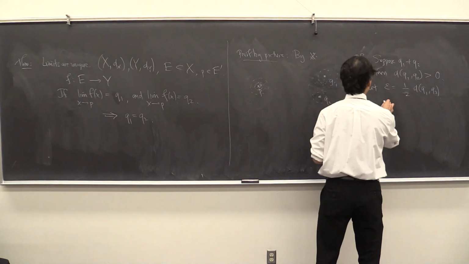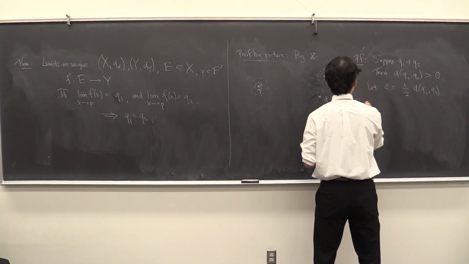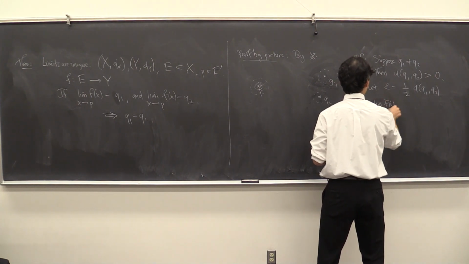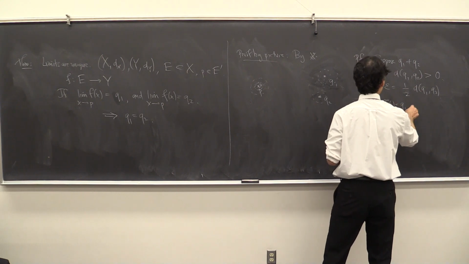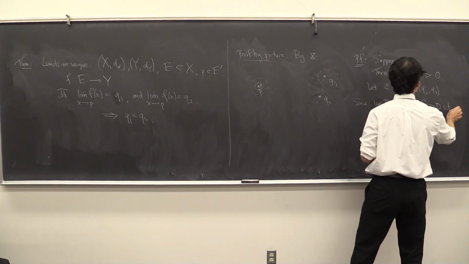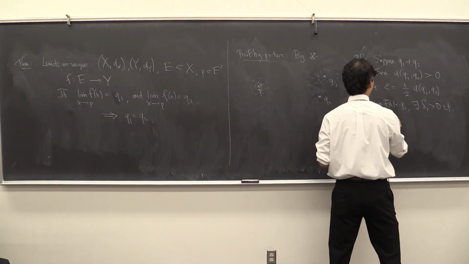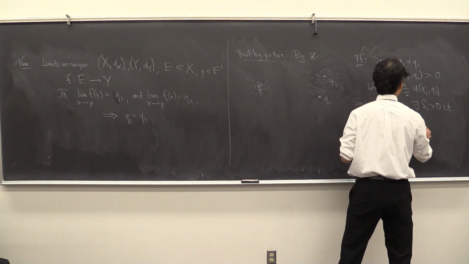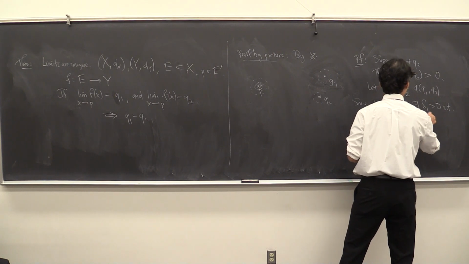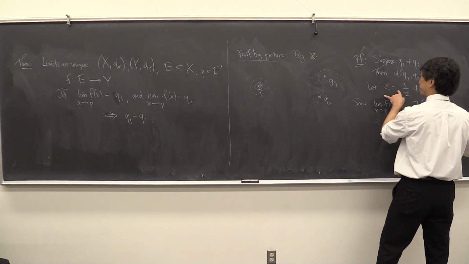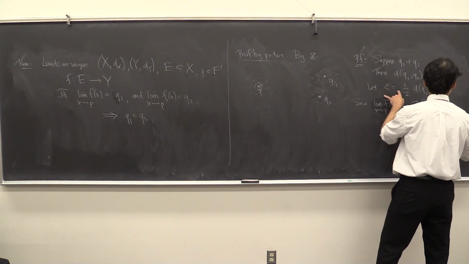And then since the limit of f of x as x approaches P is Q1, we know there exists a delta 1 such that f of the punctured delta 1 neighborhood of P is mapped inside the epsilon neighborhood of Q1.